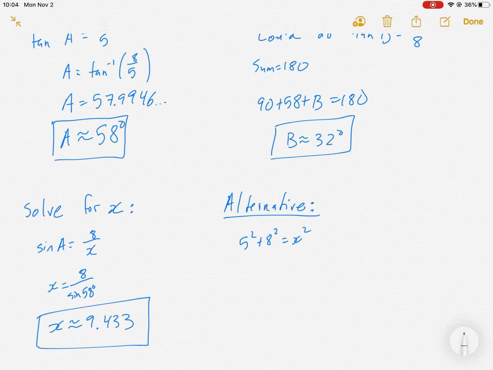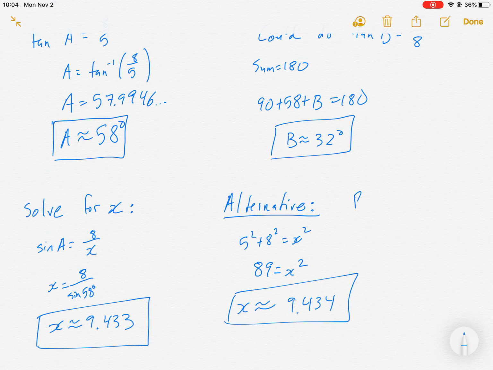Which means that 25 plus 64, so 89, equals X squared. Which means that X is approximately, hopefully it's about the same. Might be a little bit off due to rounding issues. So I get 9.434. So a little bit off, but that's okay. So this was the Pythagorean theorem.